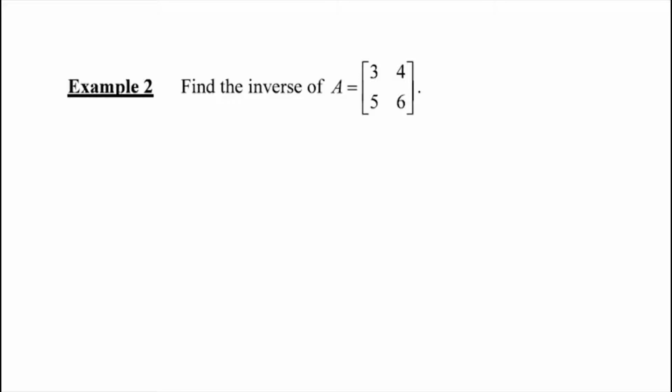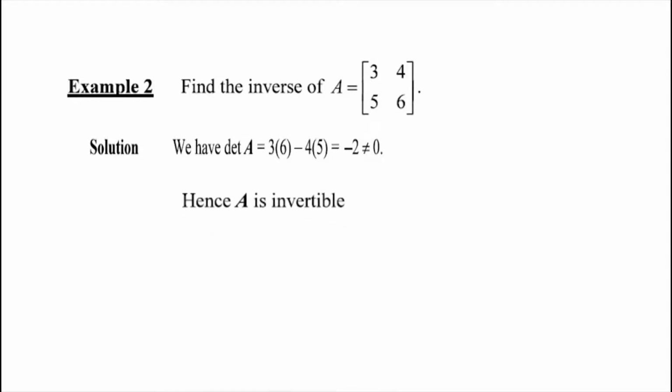Another example, we have to find the inverse of matrix A. We have determinant of A, which is obtained by multiplying 3 by 6 and 4 by 5. The difference is minus 2, which is not equal to 0. Therefore, we can conclude that A is invertible.